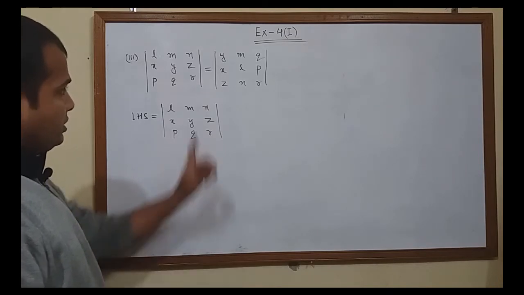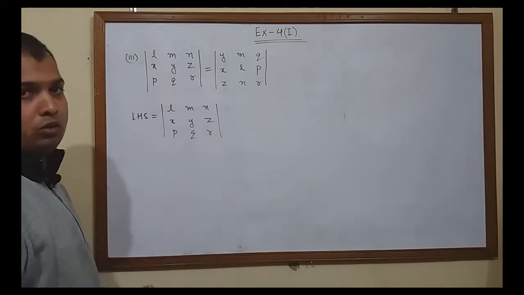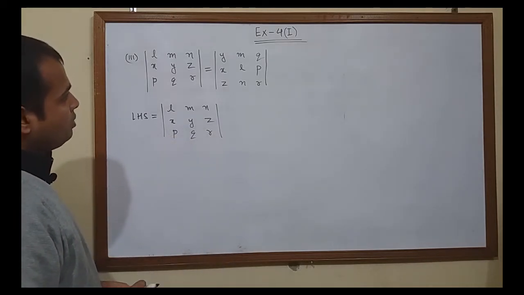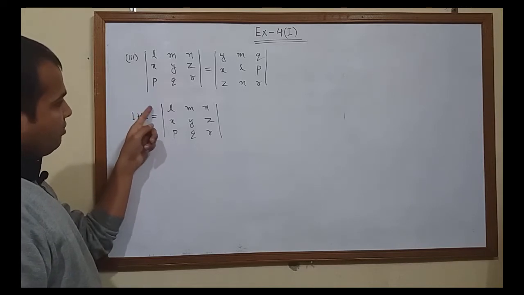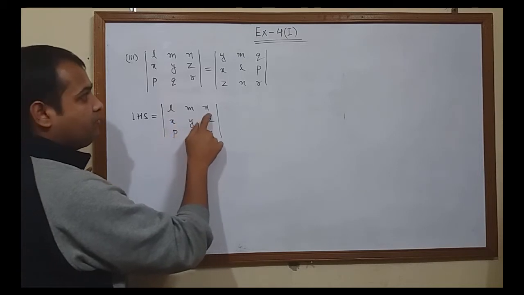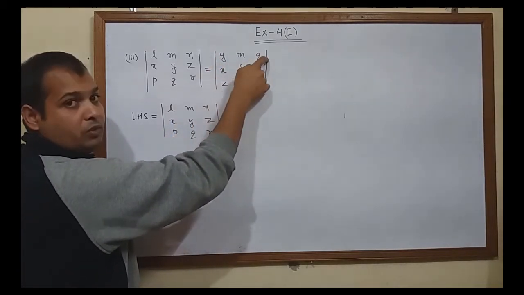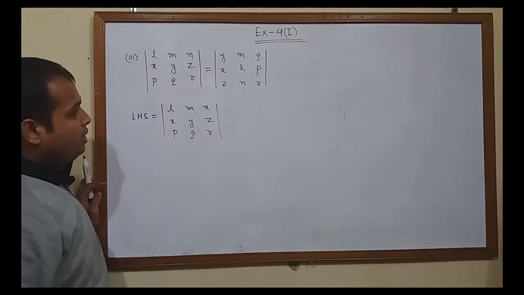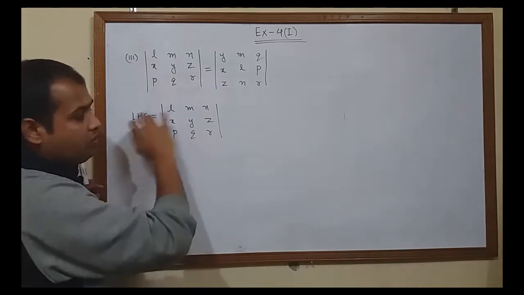Now you must see on the right what we need to prove. Here you observe that on the left hand side the first row has L M N, but here we have Y M Q. That means I need to bring Y M Q in the first row.